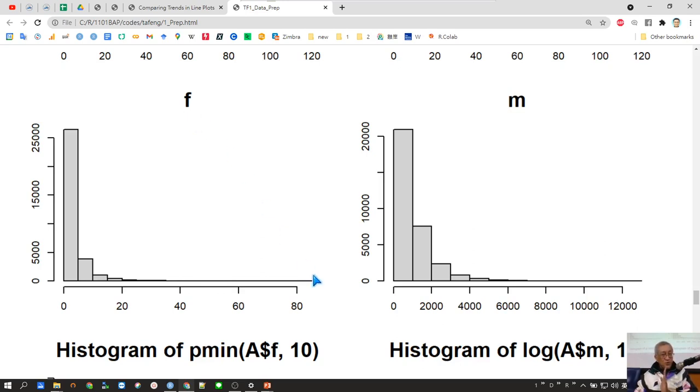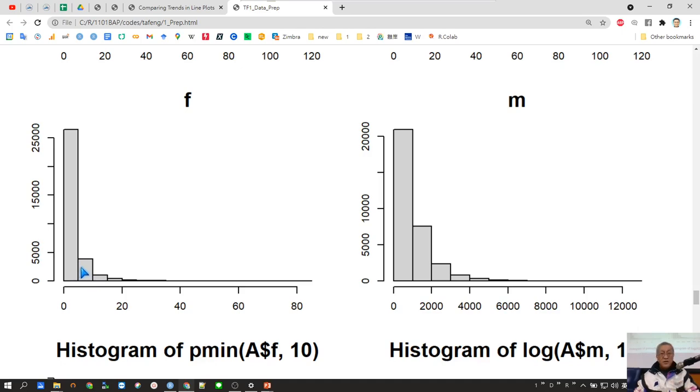The most frequent customer buys from us like 85 times. But most of the customers buy from us less than 10 times, because we only have 4 months of data. So most of our customers buy from us less than 10 times.